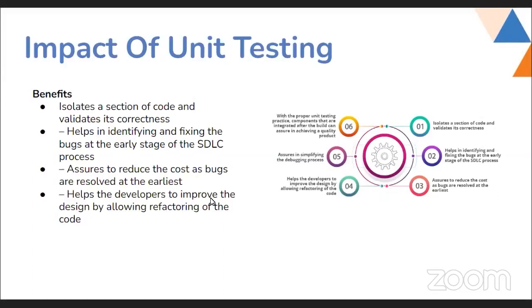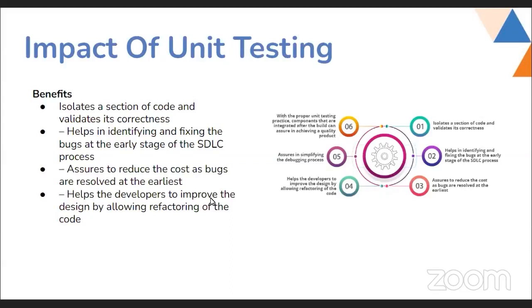As a result, when the issues are resolved at an early stage, no other part of the software is impacted, and it leads to increased efficiency and reduced downtime of the software. Another benefit of unit testing is that it reduces cost, as bugs are resolved at the earliest.